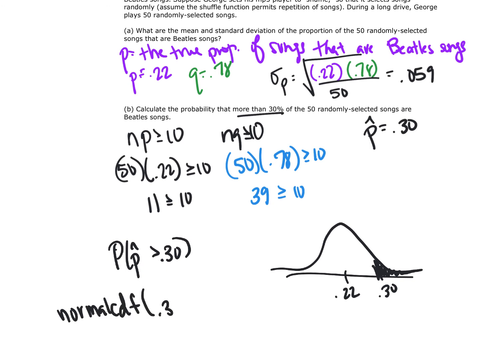The lower bound here is at 0.3, the upper bound is a bunch of 9s, the mean is 0.22, and the standard error is what I calculated up here, 0.059. So when I calculate this, I'm going to get 0.088.